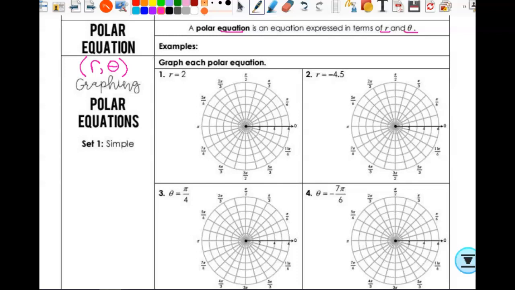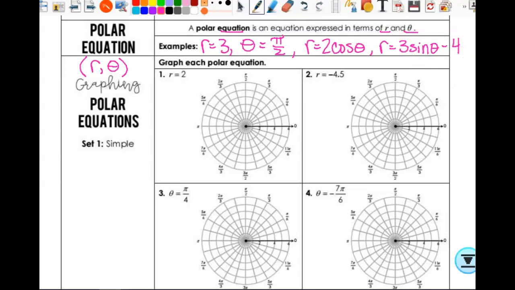That works as well. So some examples here would be r equals 3, theta equals pi halves, r equals 2 cosine theta, or r equals 3 sine theta minus 4.